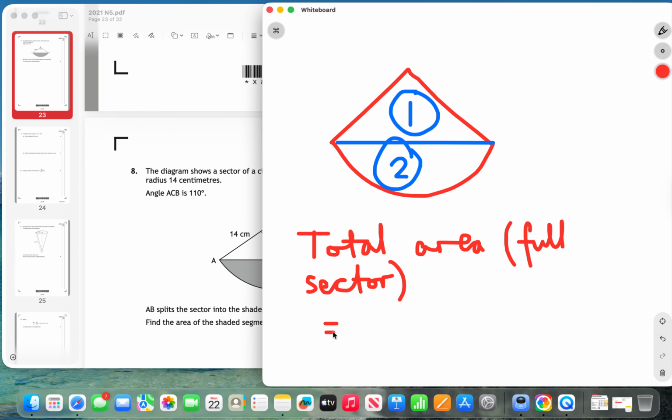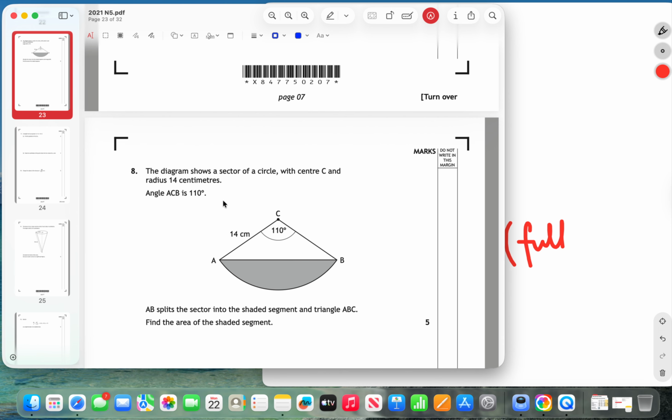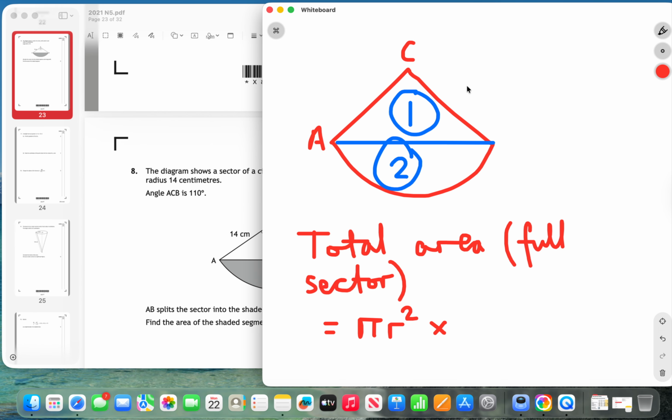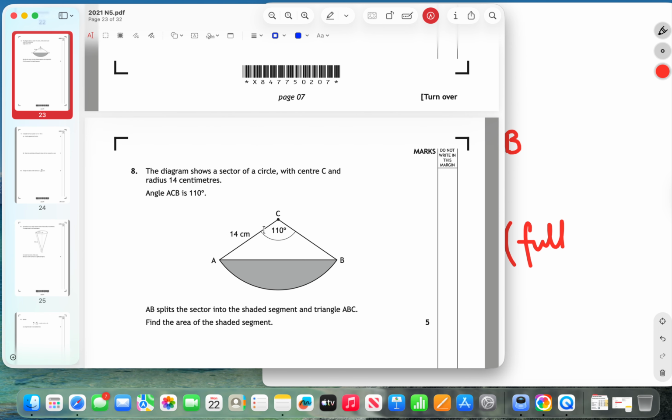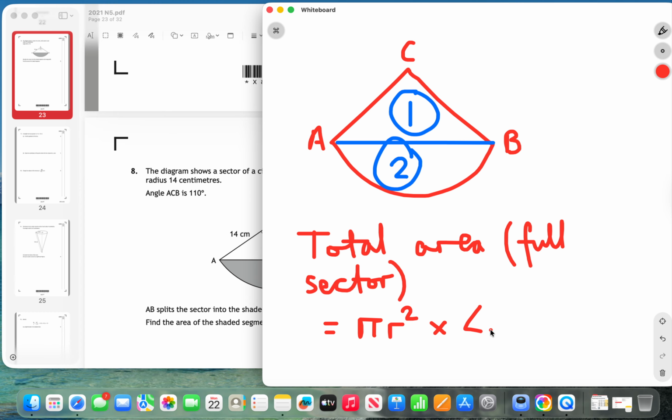And the formula for a sector is the area of the full circle multiplied by the fraction of the circle that you have. And I'm going to label this A, C, and B. So the angle at the centre is ACB. If you have a look, C is in the centre and it's 110. So we label this ACB over 360. And this gives us the proportion of the total circle.